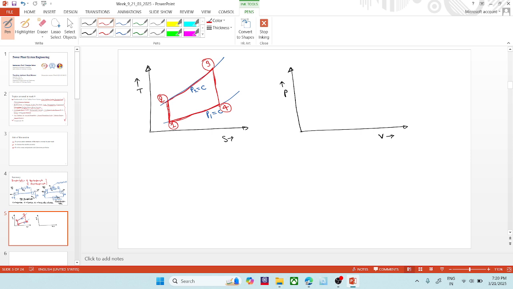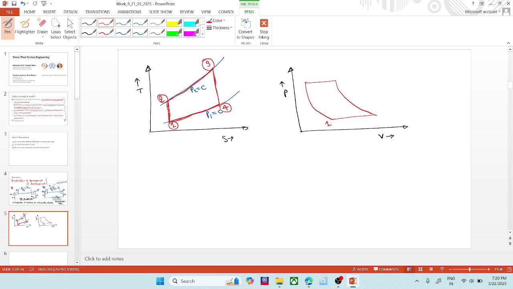The same process we can show on the PV plot. On the PV plot, this line denotes the constant entropy line, like the isentropic lines. This is the constant pressure line P2, suppose, and this would be the isentropic expansion in the turbine, and this would be the constant pressure heat rejection in the intercooler.